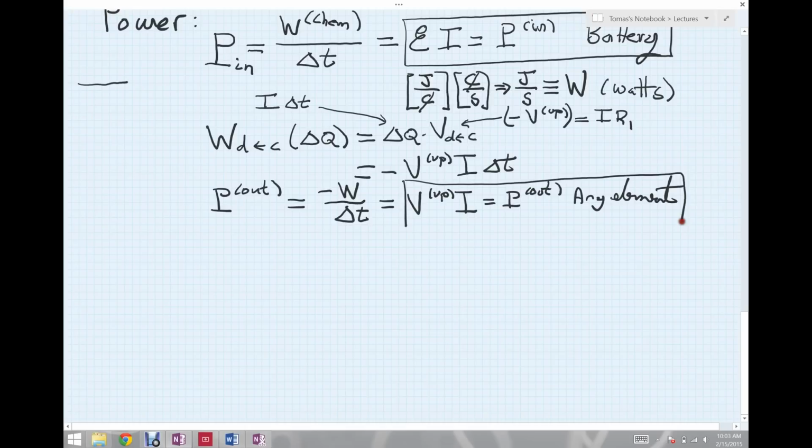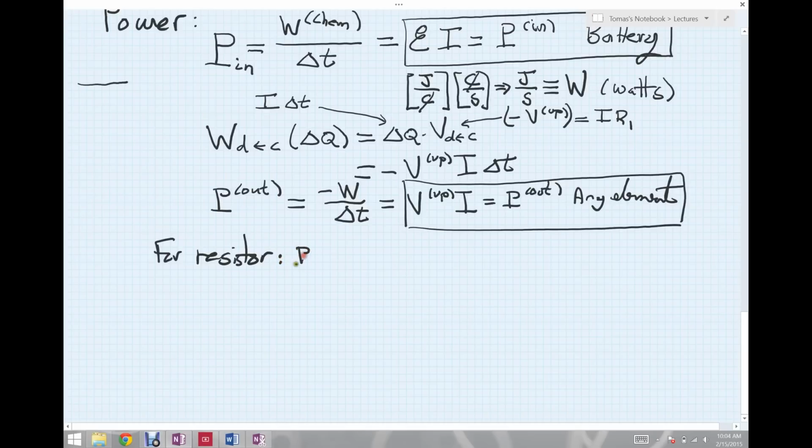And of course, I wanted to specialize this now for a resistor. So for a resistor, I actually have a number of forms I can use for this.